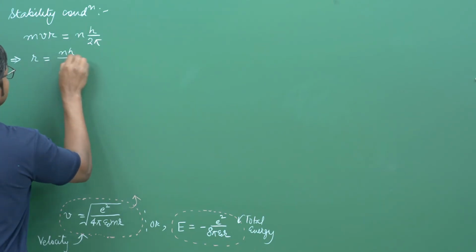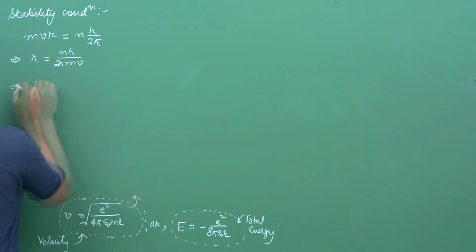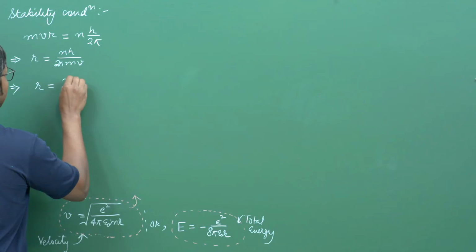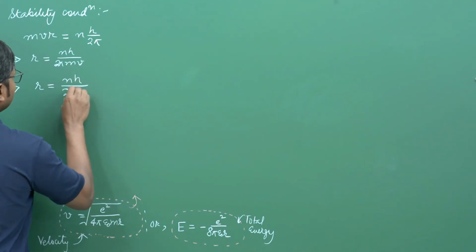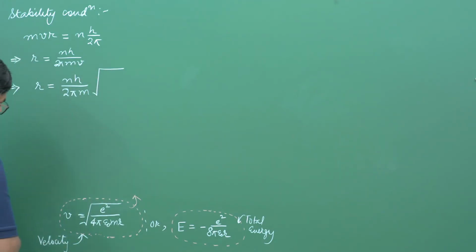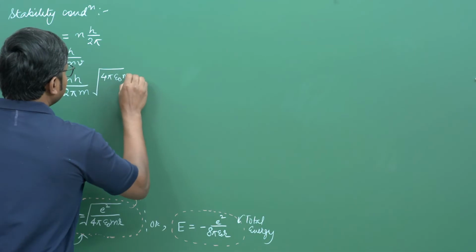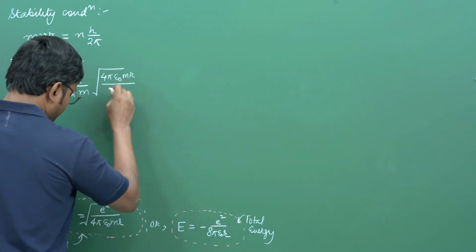So r = nh upon 2πmv. The radius comes out to be nh upon 2πm, times the square root of 4πε₀mr upon e².